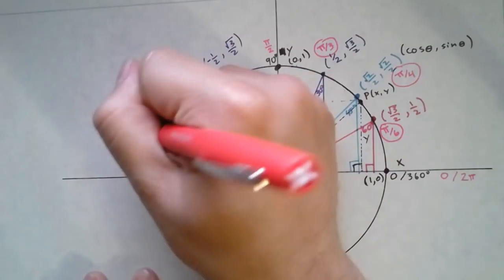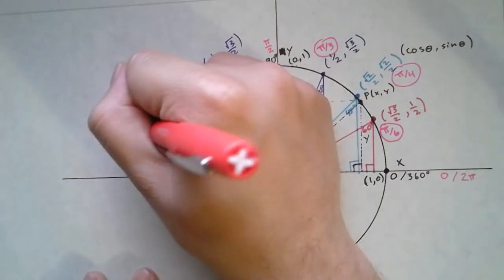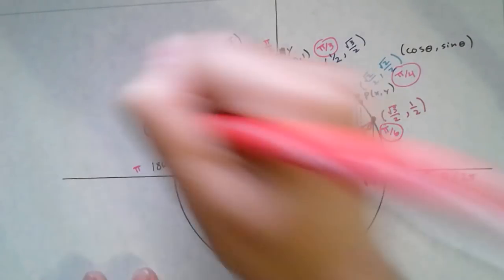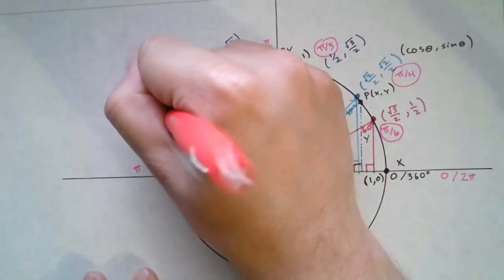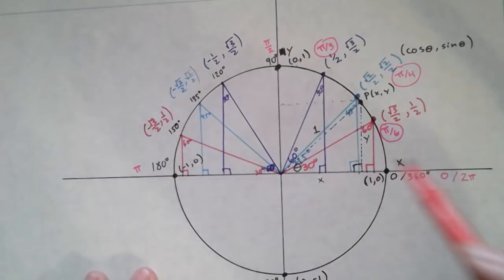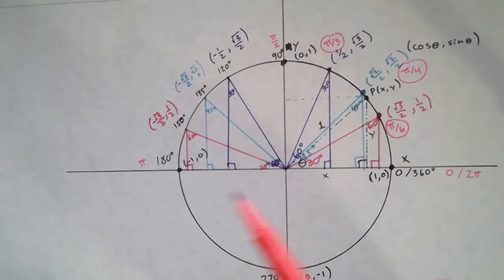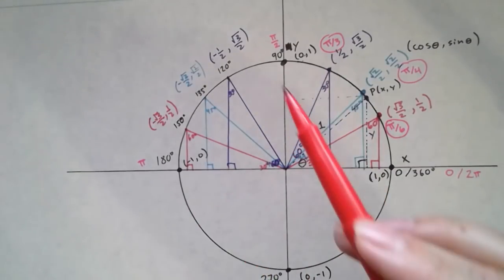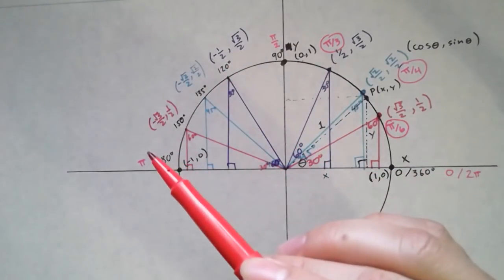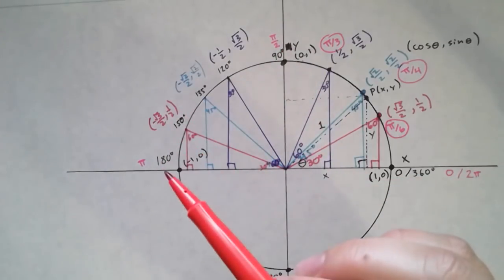So I have negative square root of 3 over 2 comma 1/2, and that's it. Just like that, right? Just using the logic of being in the positive x or negative x-axis and all that, we just labeled all the points going in the second quadrant.